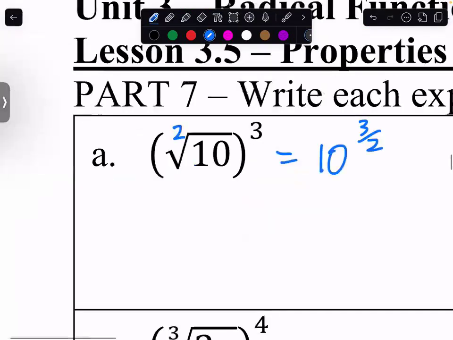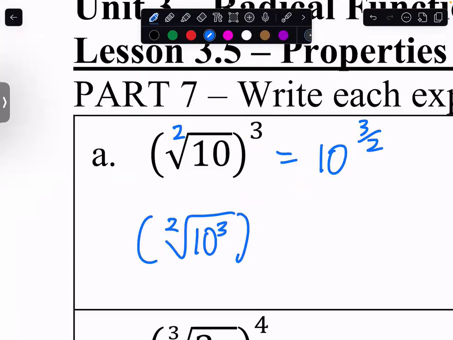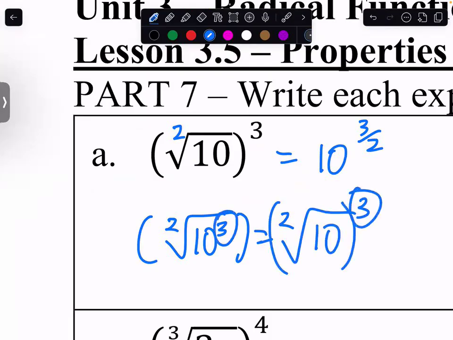By the way, the 3 can either be inside or outside, meaning these are the exact same thing. So whether the exponent is inside the radicand or outside, those are equal.